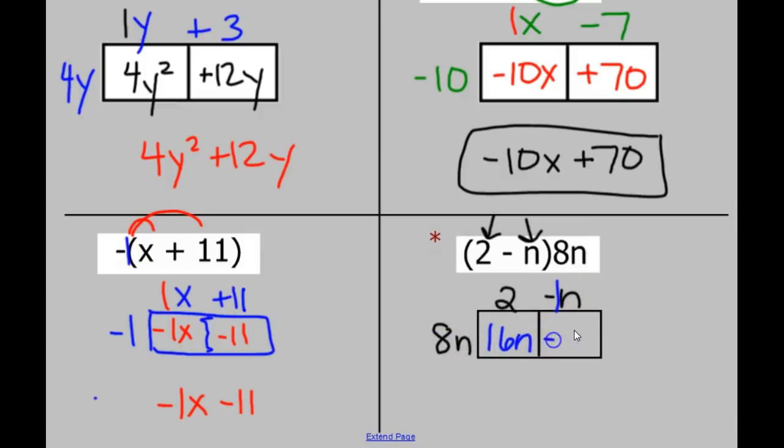And then 8 times negative 1 is negative 8. And be careful, n times n, there are 2 of them. That's n to the power, or the exponent of 2. So I'm going to write this with the highest exponent first. If you wrote it just like it is, technically that is correct as well. So we have negative 8n squared plus 16n.